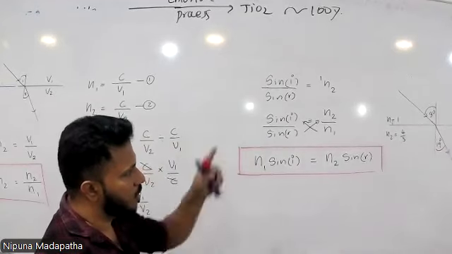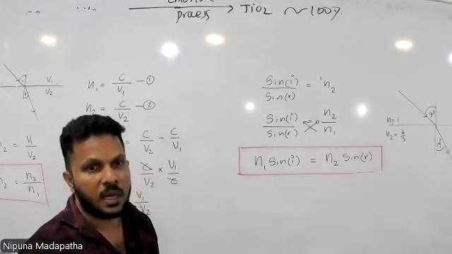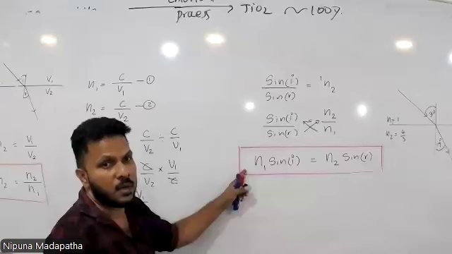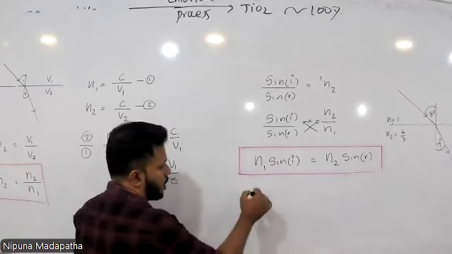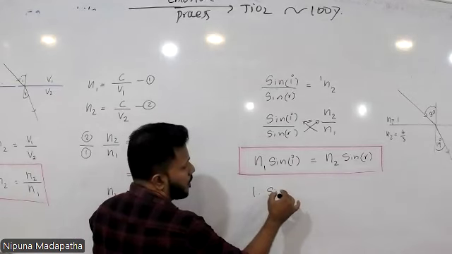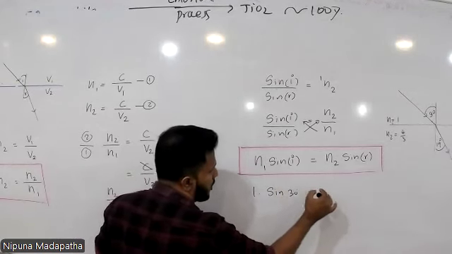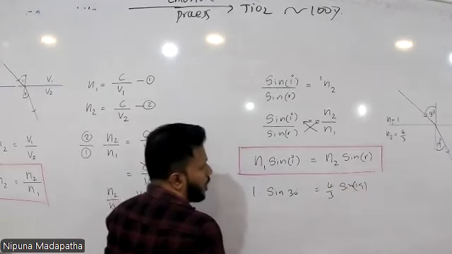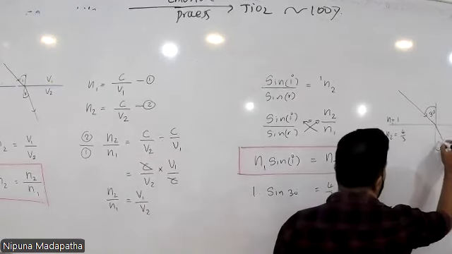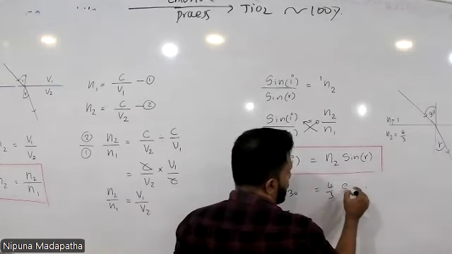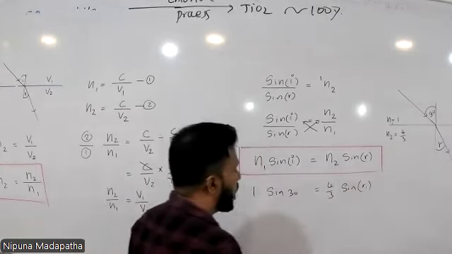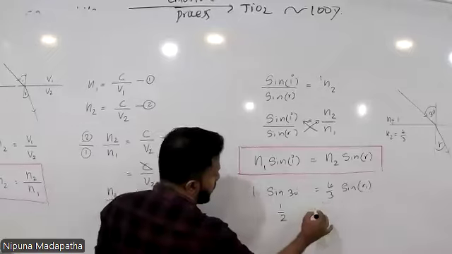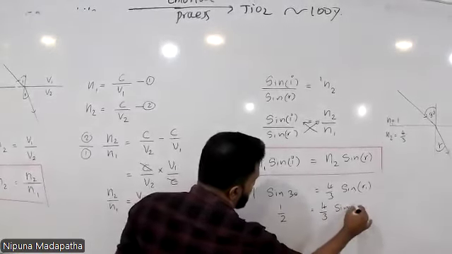What is the expression you can write by looking at the refraction here? What is n1? 1. Sin i is sin 30. Right? What is n2? 4 over 3. Sin r. We don't know this, so this is what we need to find: sin r. How do you find sin r? You need to simplify this. Sin 30 equals 4 over 3 sin r.